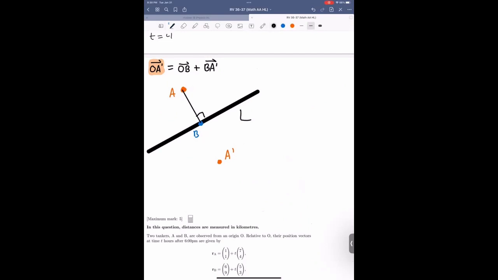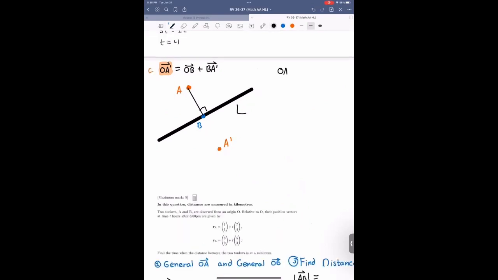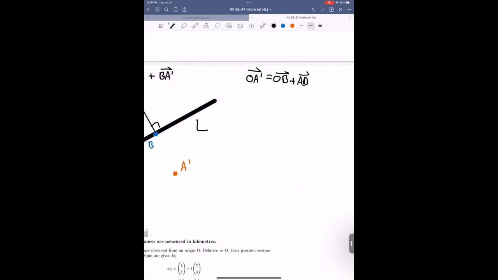Now B to A prime is basically the same as vector AB. So we can replace BA prime with AB. And since we have both of these vectors, we can just substitute them to find the coordinate of A prime.